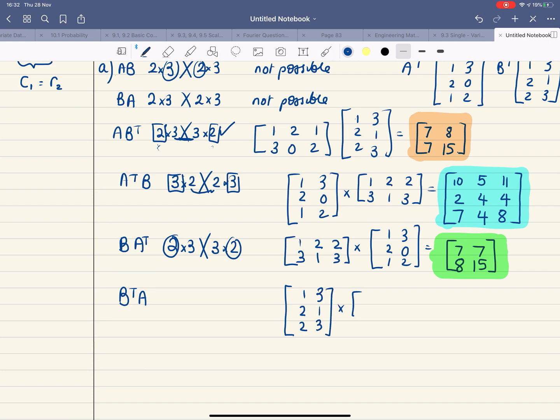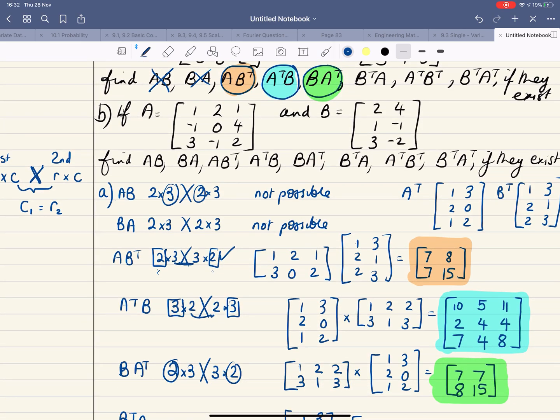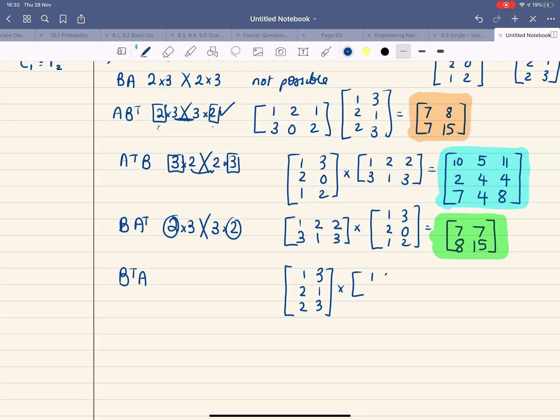And then A is 1, 2, 1, 3, not 2. So B transpose is 3 rows, 2 columns, and then it's 2 rows, 3 columns. So it will work, and it's a 3 by 3. Okay.